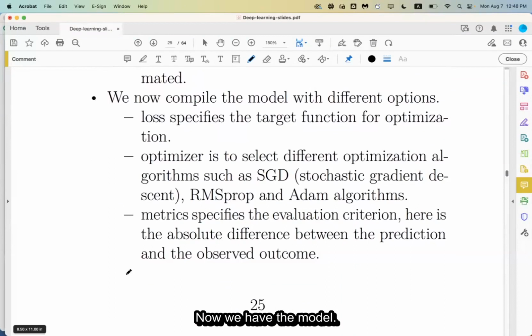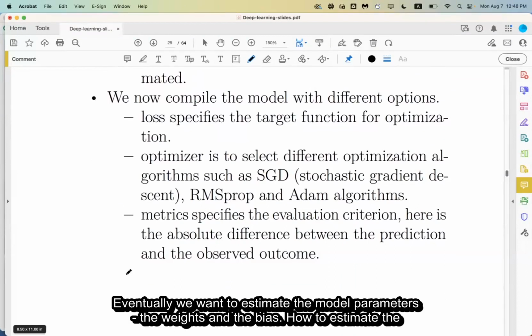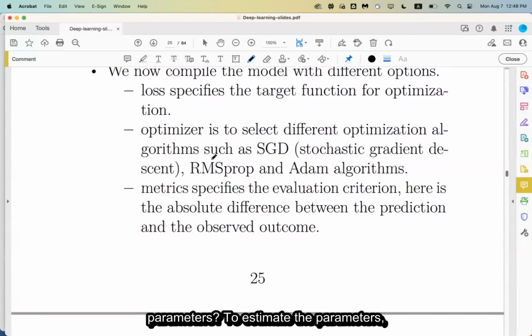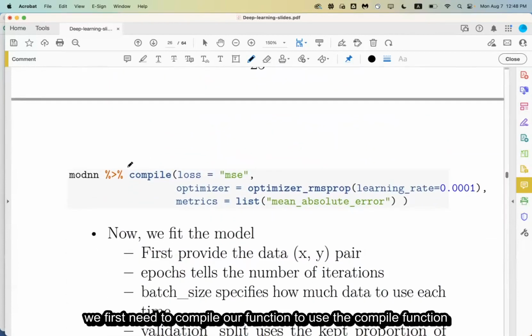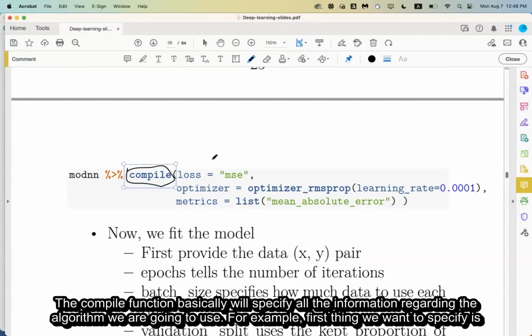Now we have the model. Eventually, we want to estimate the model parameters, the width and the bias. How to estimate the parameters? To estimate the parameters, we first need to use the compile function. The compile function basically will specify all the information regarding the algorithm we are going to use.